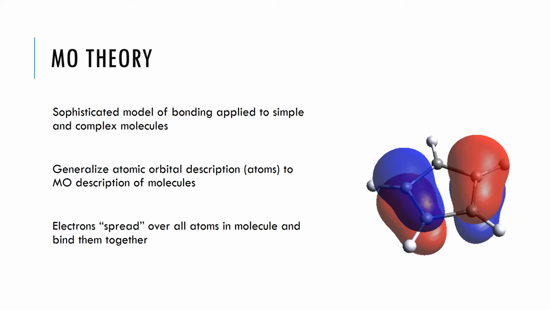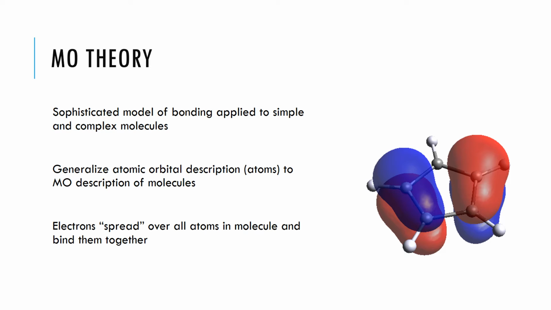What we do is we take the theory of atomic orbitals, and you'll get this in other modules. So the chemists will learn about atomic orbitals and wave functions and that kind of thing in the physical chemistry module of this course. But needless to say, we have theories of atomic orbitals. And what we do is we generalize those to molecular orbitals to describe energy levels within a molecule.